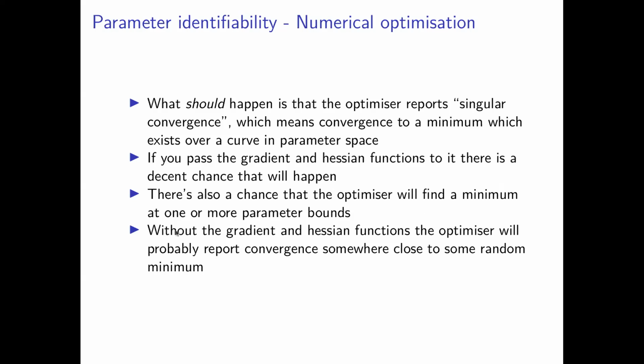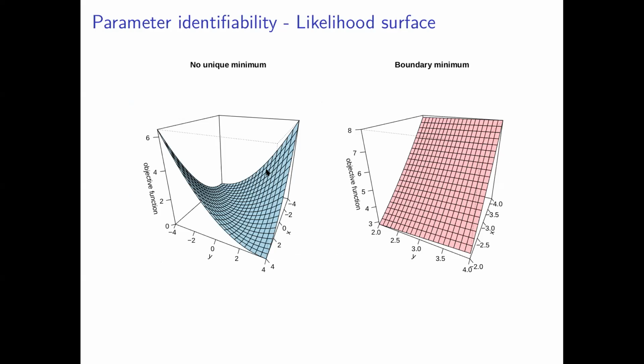And if you don't pass the gradient and Hessian functions into the optimizer, it probably won't be able to recognize that there's singular convergence. So it will just sort of look around and find some minimum value, and it probably won't be able to recognize that actually there are infinitely many minimums.